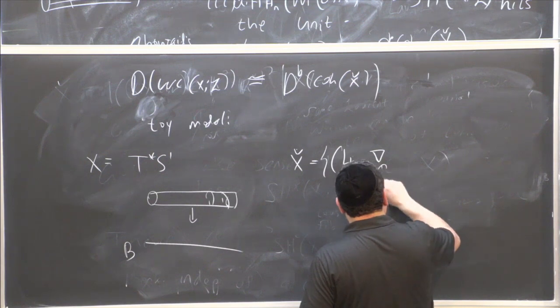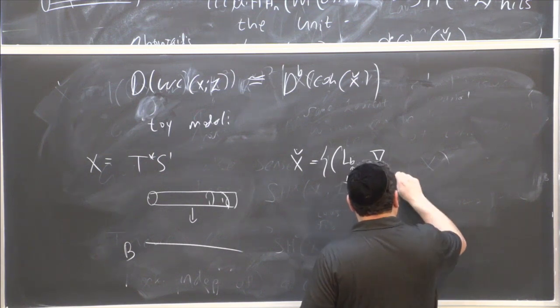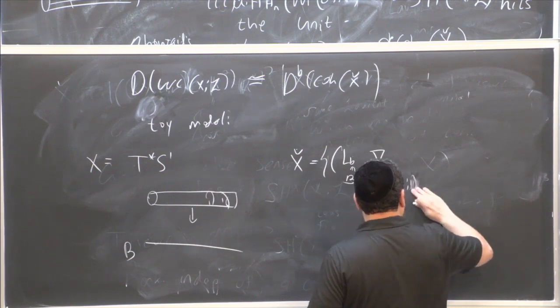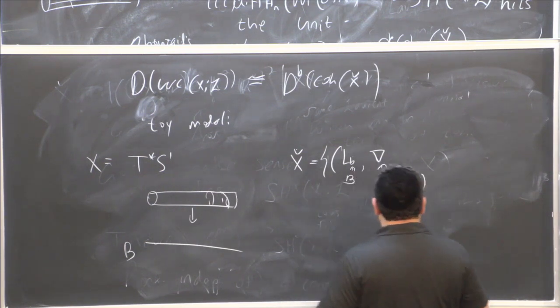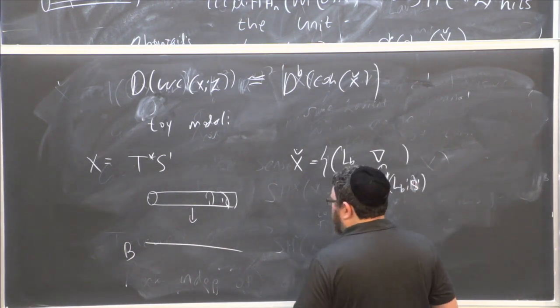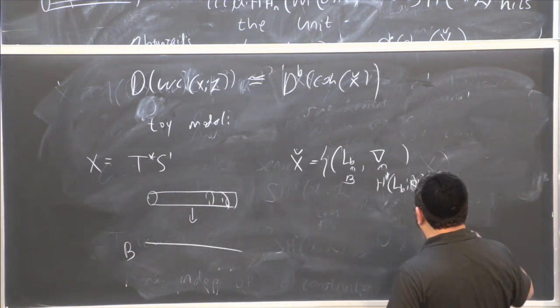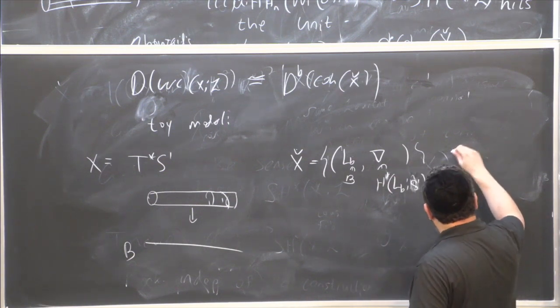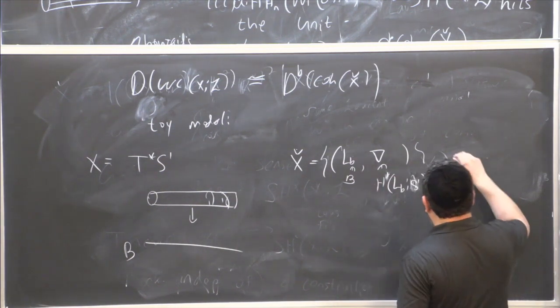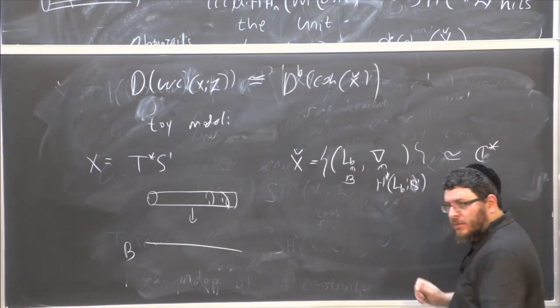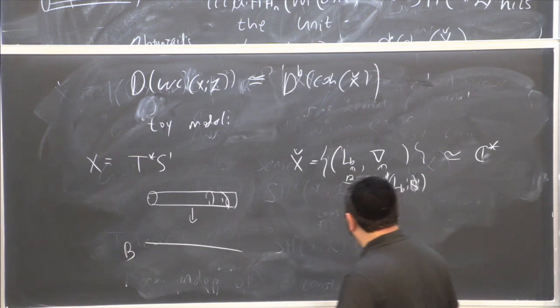A local system is just an element of H1 with values in S1. Okay, so this is the description as a set, and it has coordinates which identify it with C star squared. So as a complex manifold, it's C star squared.